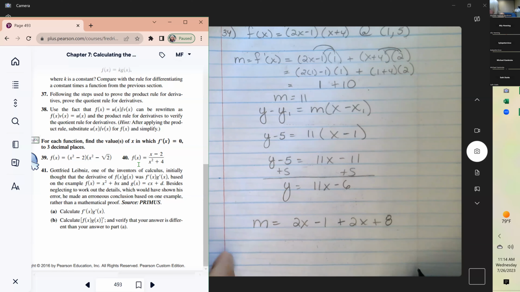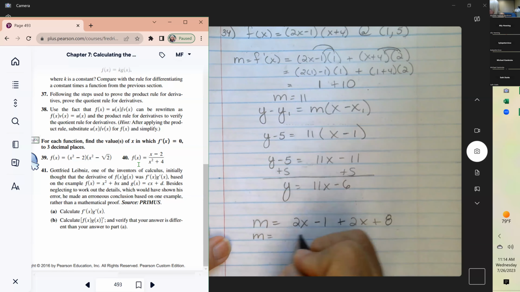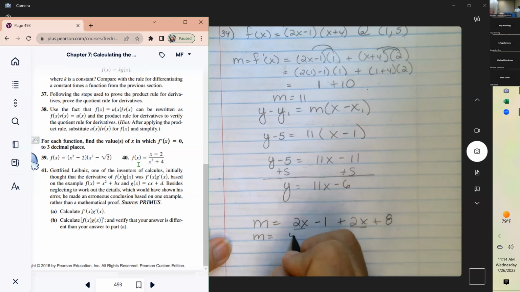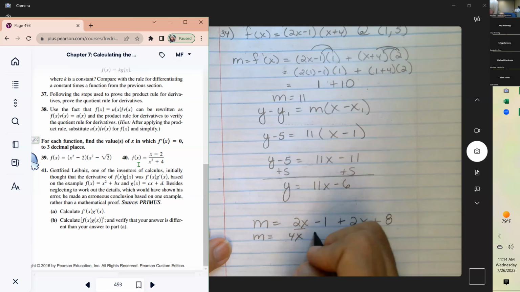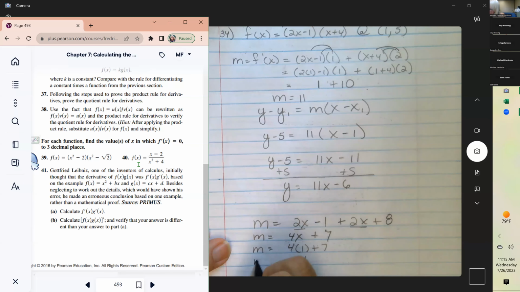And combine like terms. 4x plus 7. And then plug your 1 in. Is that what you meant? Yes, thank you. You're welcome.